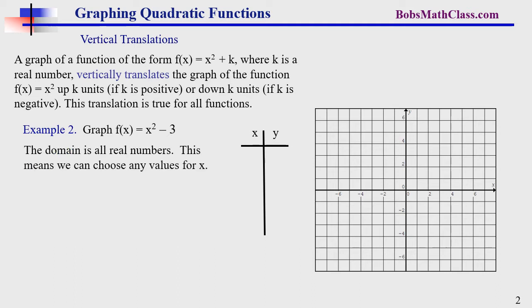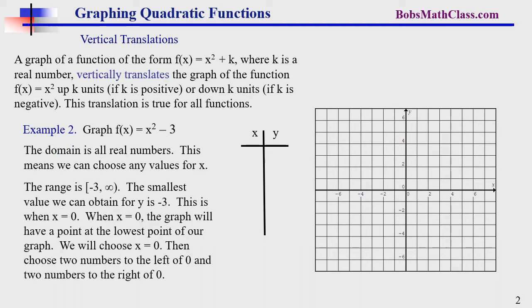Okay, so we're going to pick the same numbers. We're going to choose x equals 0, and then 2 to the left, and 2 to the right. Okay, so this time our domain again is all real numbers, but our range is -3 to infinity.